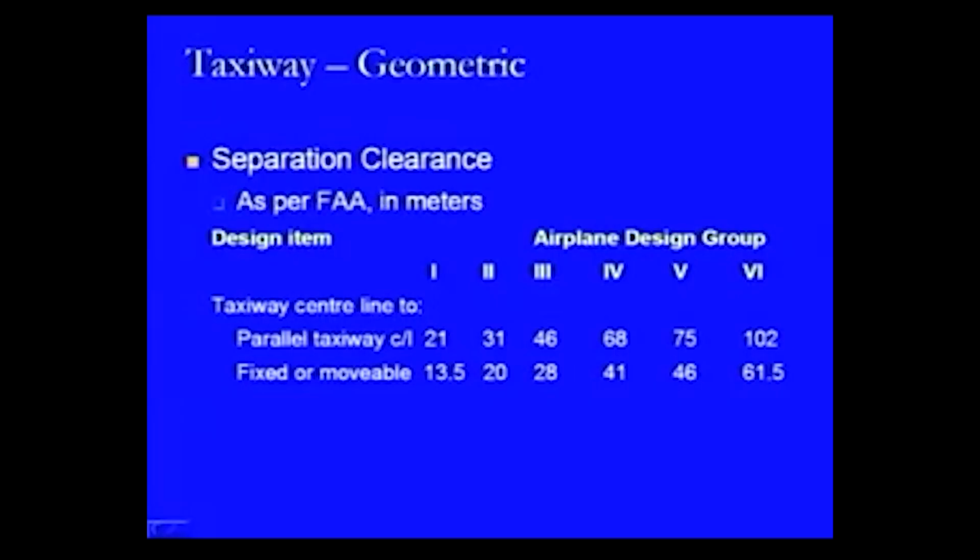Whereas, taxiway center line to the fixed or the movable object, or the property line, this value is 13.5 meters or 20 meters, 28 meters, 41 meters or 46 meters or 61.5 meters for airplane design group category 6.